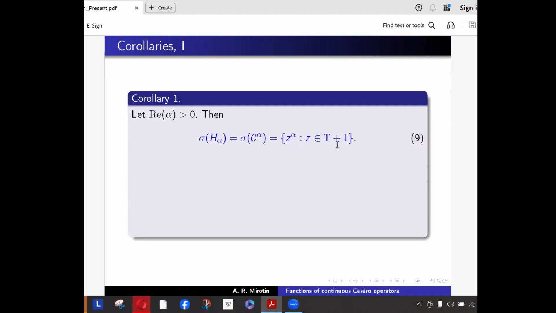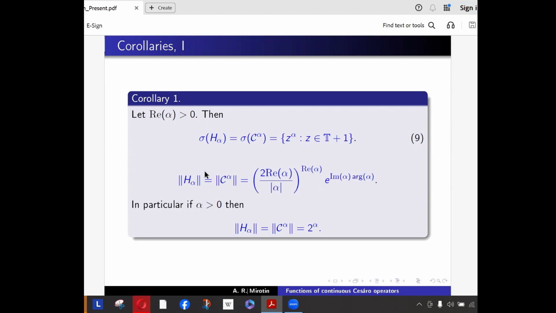This is the image of the shifted unit circle with respect to this branch of the function z to the power alpha, which formula 9 gives. This is the first corollary. Then one can compute the norm of the Hölder operator in our case. In particular, if alpha is real and positive, then the norm equals 2 to the power alpha.